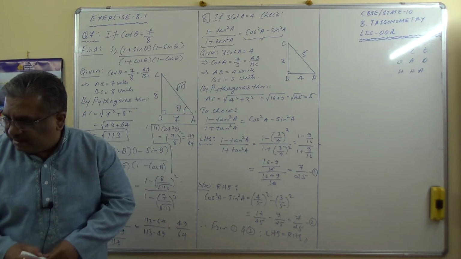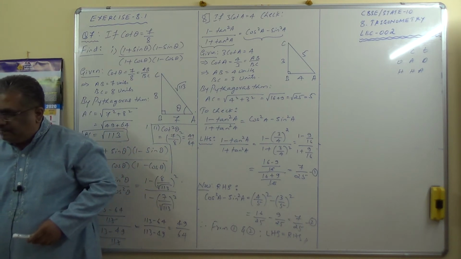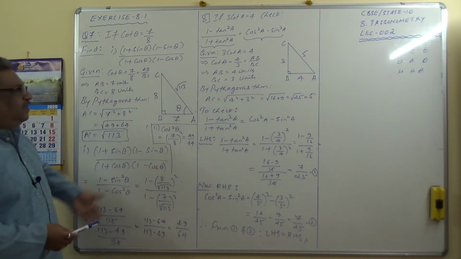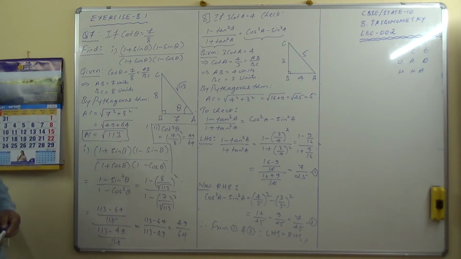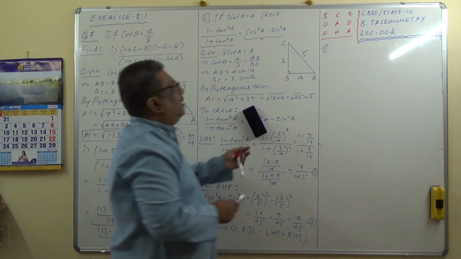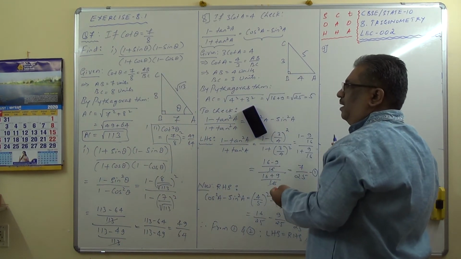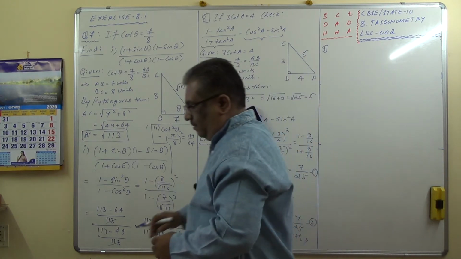Next, let us see the 9th question. Meantime, you do one thing. First, make a note of this one. For the 9th question, I'll draw the diagram meantime. 9th question. In triangle ABC, right angled at B. So I'll draw the diagram directly.